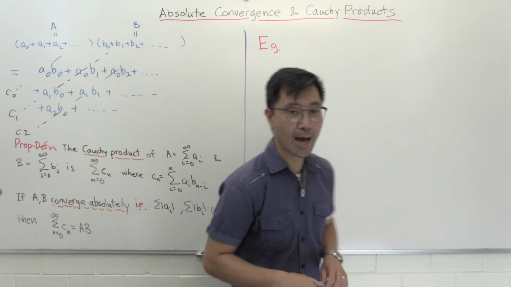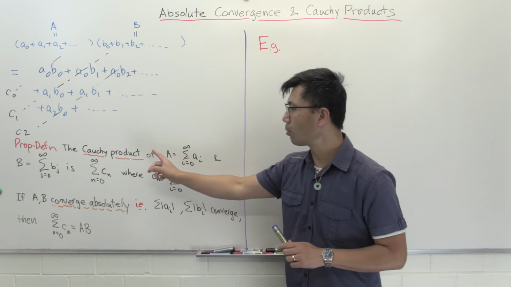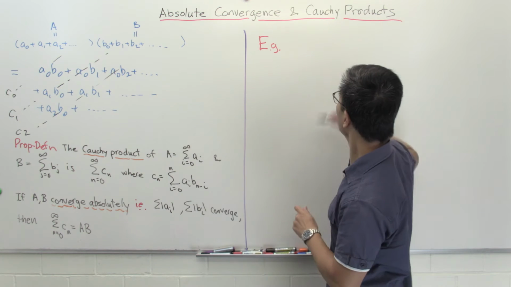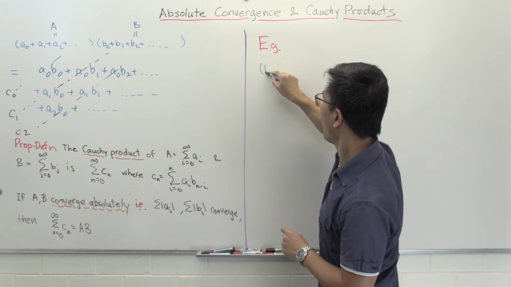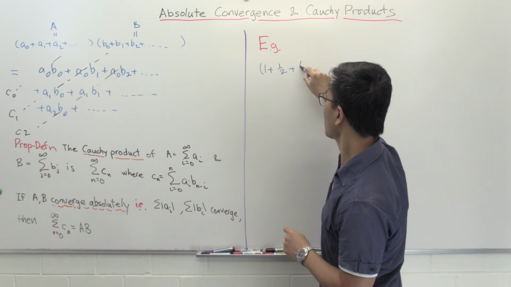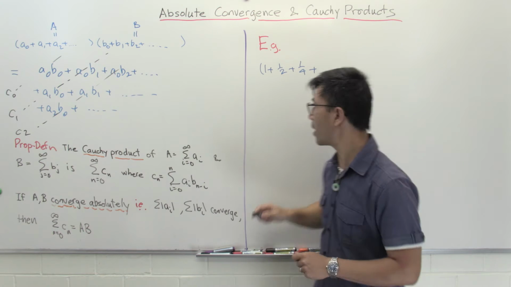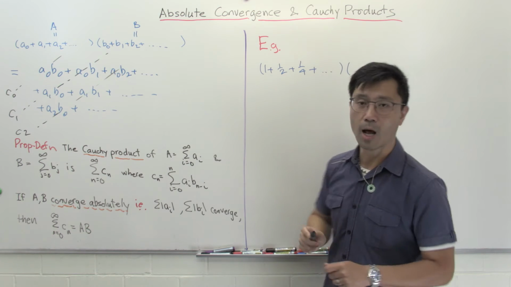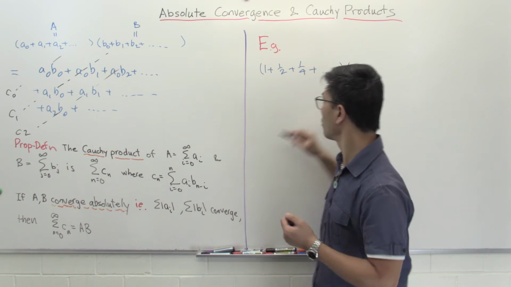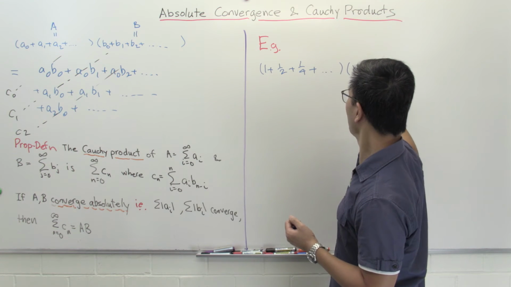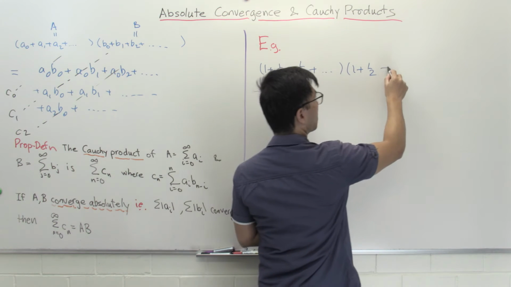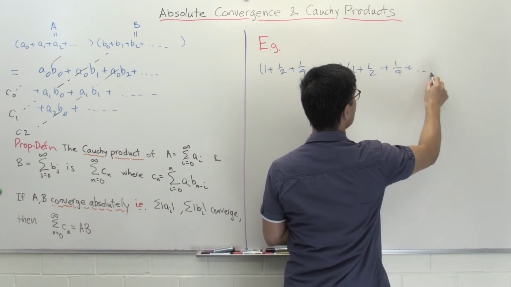I'm going to look at a very simple infinite sum. It's going to be 1 plus half plus a quarter plus and so forth. It's just the sum of a GP. And I'm just going to multiply it by itself. 1 plus half plus a quarter plus and so forth.